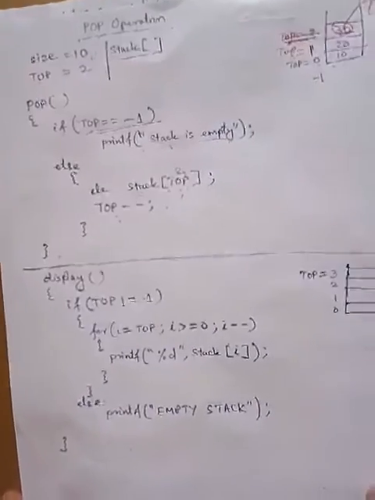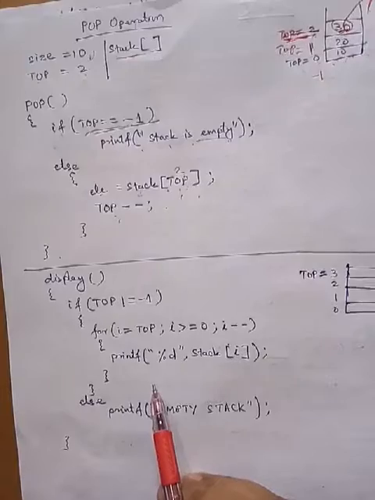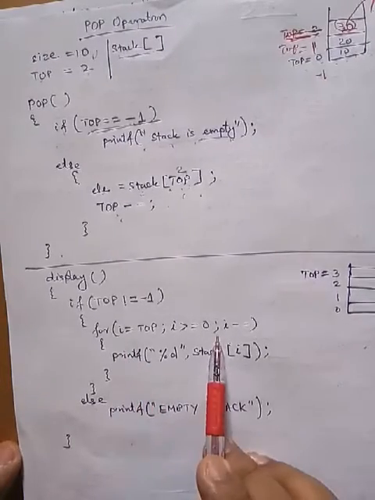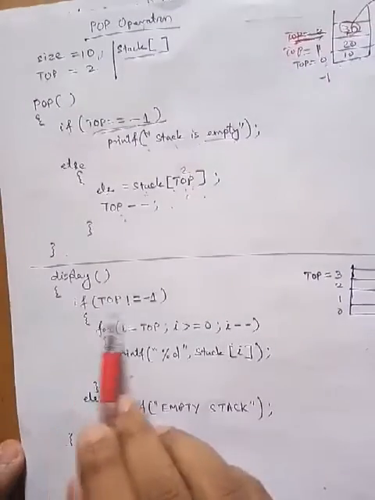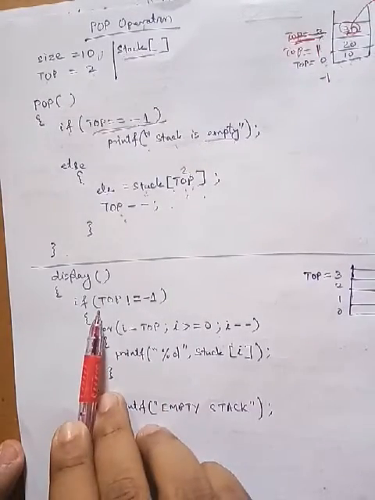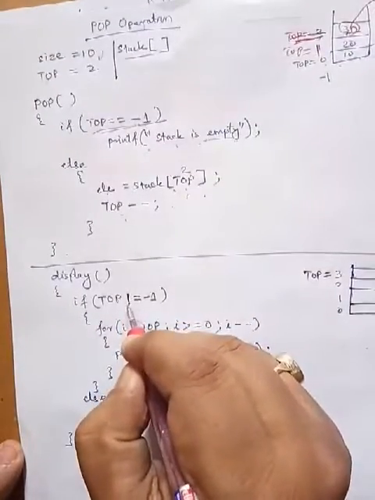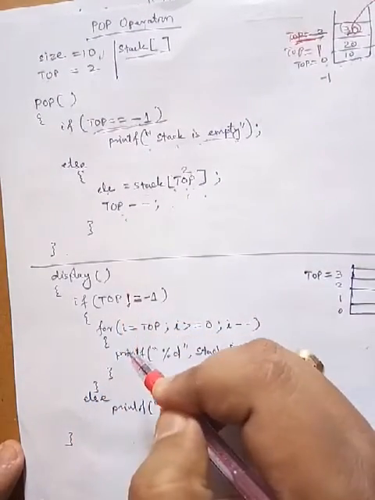Now there is another operation to display the elements in the stack. You can display the elements from the stack using a for loop. Before that you have to check if top is not equal to, this is the not equal operation, exclamation symbol then equal symbol.